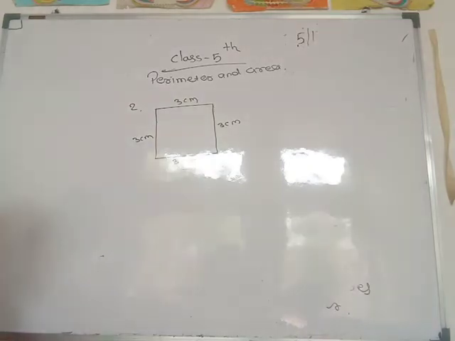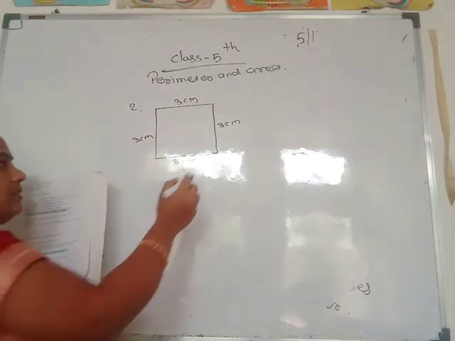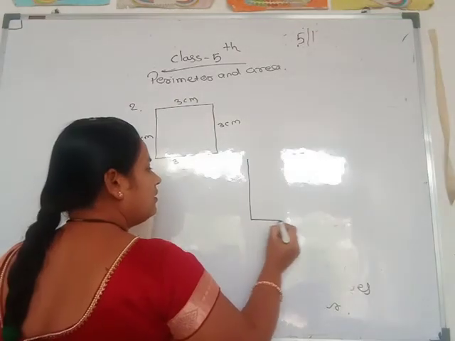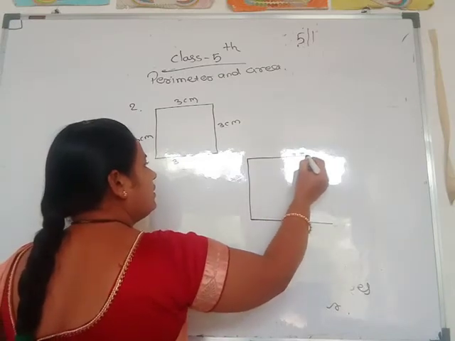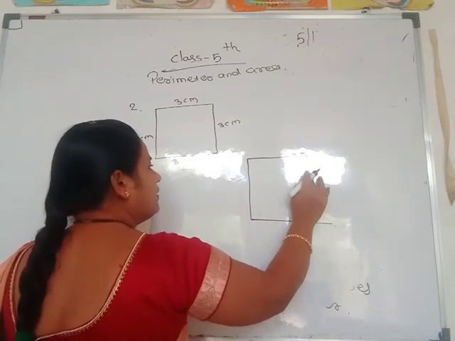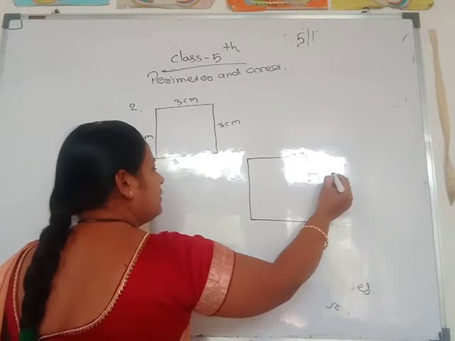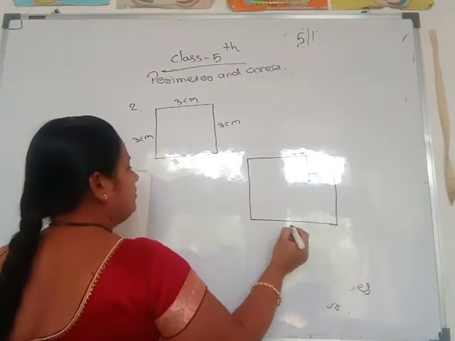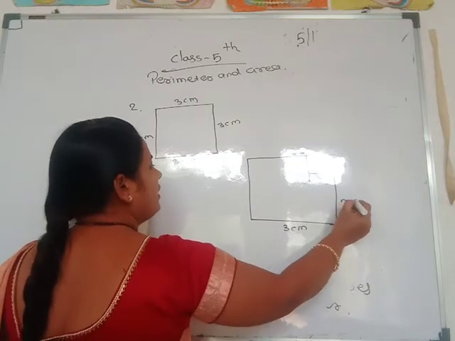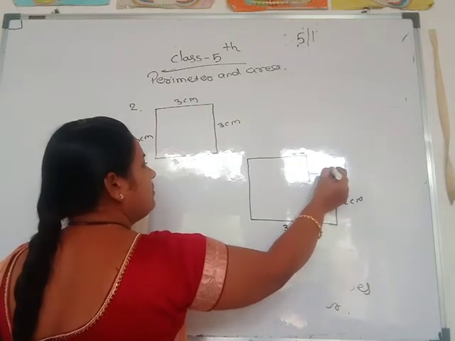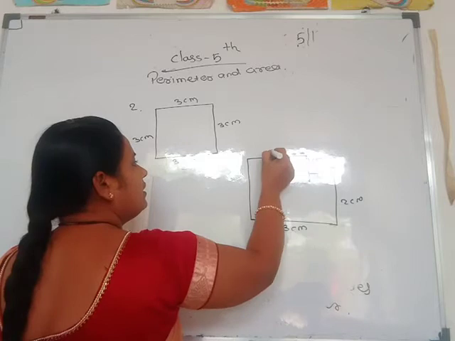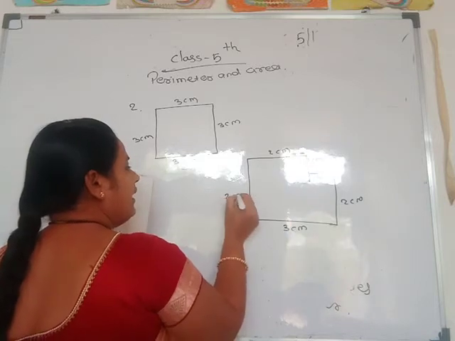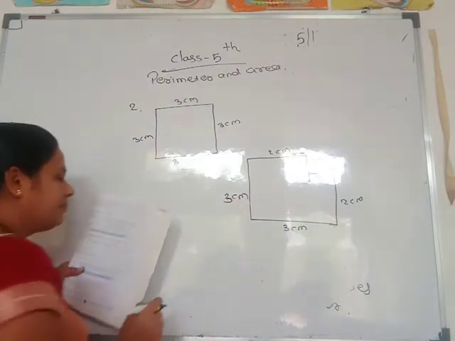When we cut here, 1 centimeter is cut off this figure. See this figure. Here 3 centimeter, here 2 centimeter, 1 centimeter, this 1 centimeter cut, here 2 centimeter remain, and here 3 centimeter.